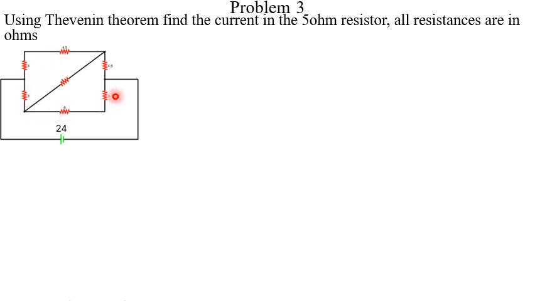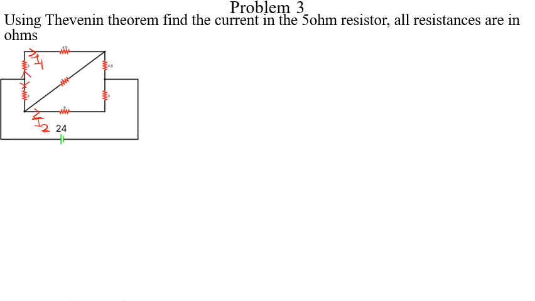It passes through this 3, 6, and 9. So let us name the current going up here I1, and the current coming here I2, because it was split here.